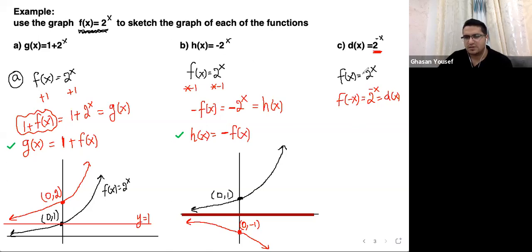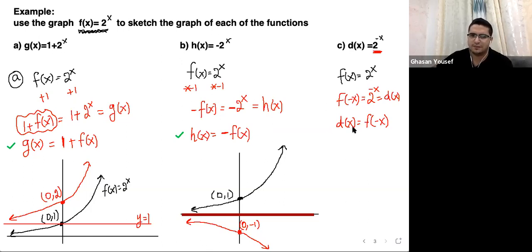Exactly. So I have to plug the minus inside the parentheses. So I get f of minus x equal 2 to the minus x, and this is equal to d of x. So now I have to rewrite this line as d of x equal f of minus x.